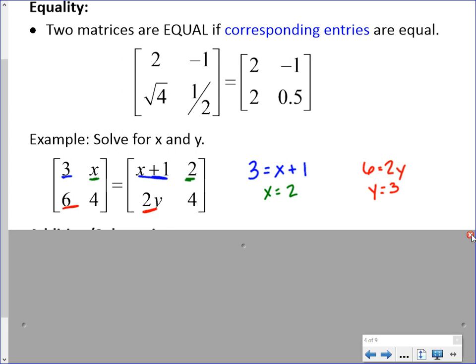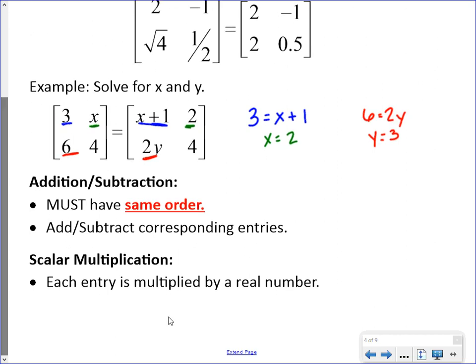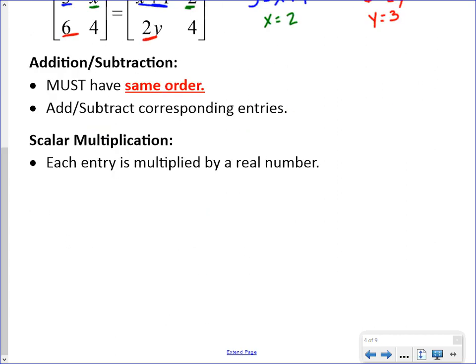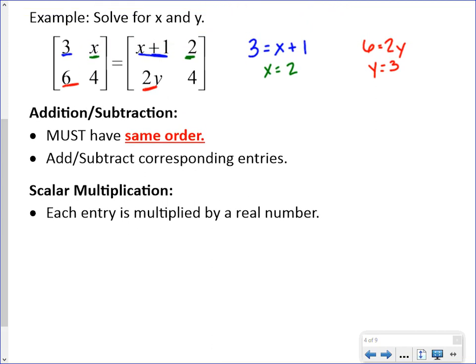Okay, the other operations, and these are pretty simple operations here, are addition, subtraction, and then also scalar multiplication. So a couple things to remember about adding and subtracting matrices. In order for you to be able to add and subtract matrices, it must be true that the matrices have the same order.